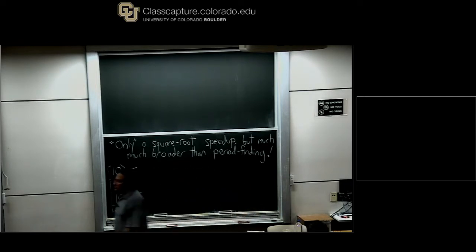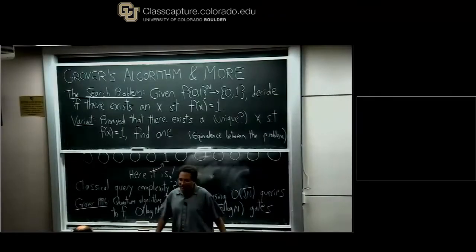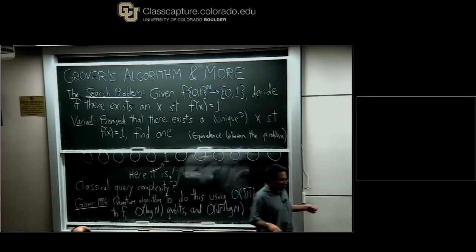Okay, so in the morning we saw Shor's algorithm, Simon's algorithm, right? And these got really, really impressive exponential speedups. I mean, provable exponential speedups in the black box setting.